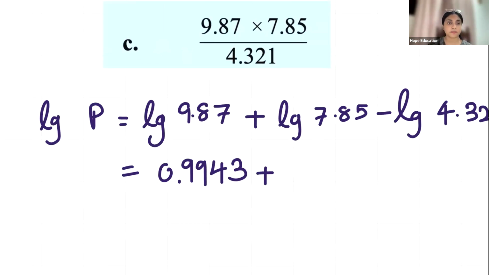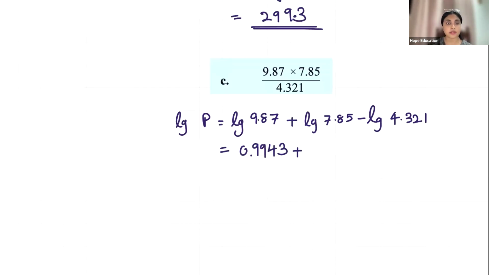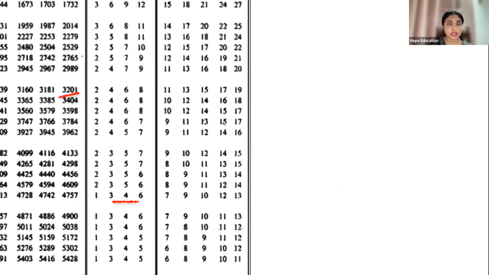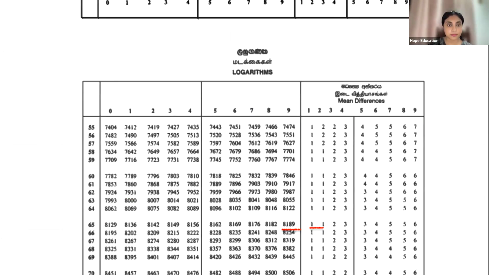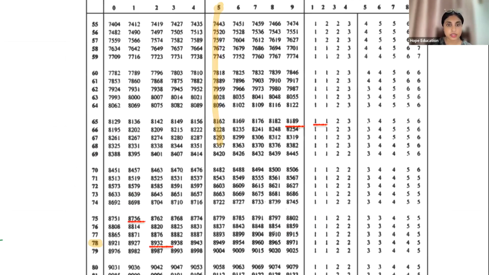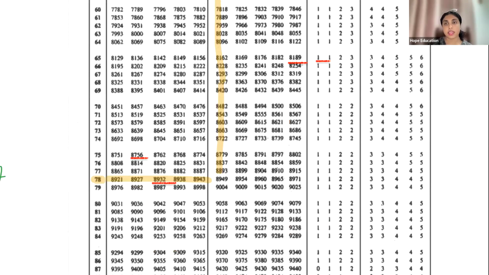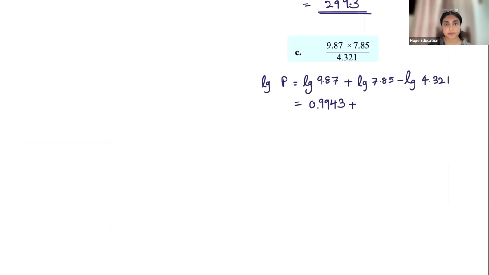Let's read it from the log table. 785. 78 is on the second page. Here 78, and 5 goes here. So it's 8949.